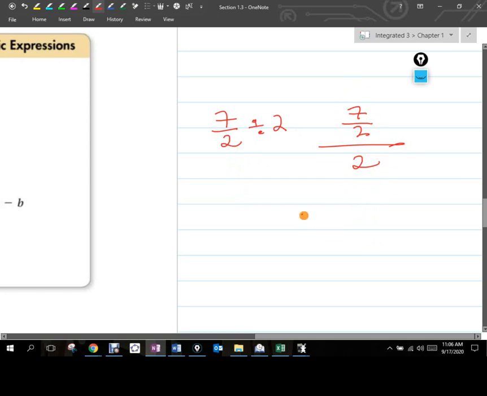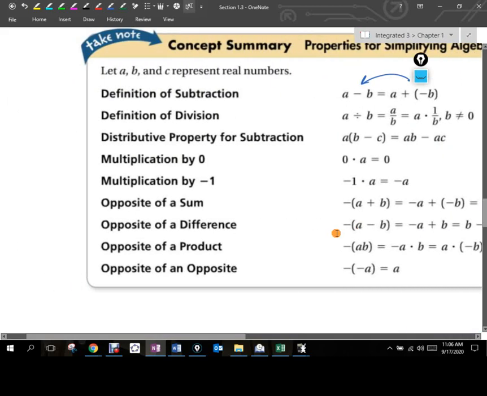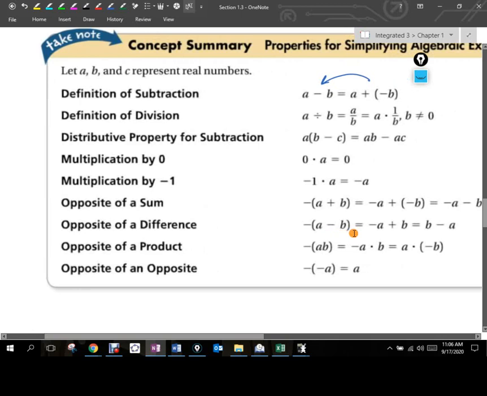So instead of dividing by 2, we said, well, what is the same thing as dividing something by 2? It's multiplying it by 1/2. And that makes things so much easier because I multiply across the top and then multiply across the bottom. So 7 over 2 divided by 2 turns into 7 over 4. Does that kind of make sense? So dividing, same thing as multiplying by a reciprocal.